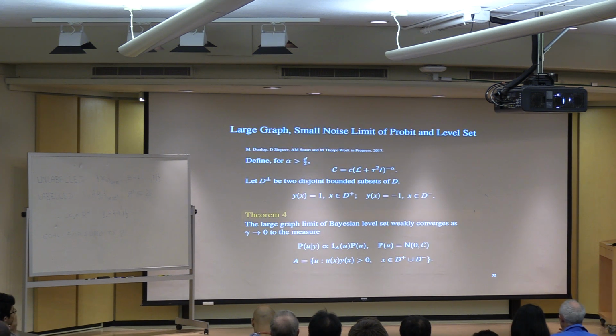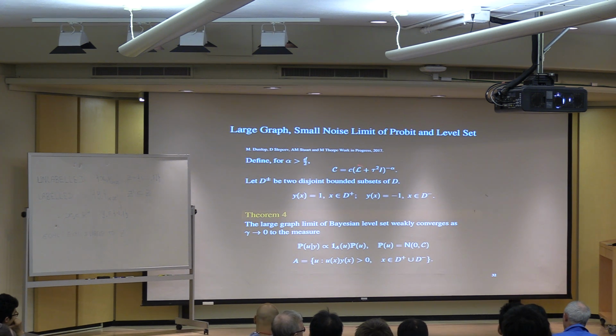We also have a nice clean probabilistic problem that arises from the small noise limit of both probit and level set, where we can define a Gaussian process on the domain D from which the unlabeled data is sampled. We have a differential operator which is proportional to the graph Laplacian to the power minus alpha.